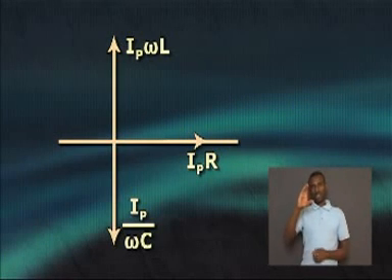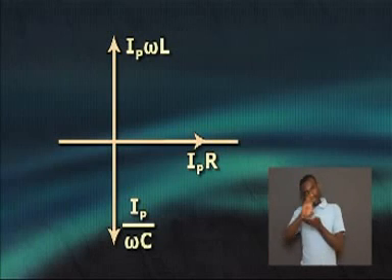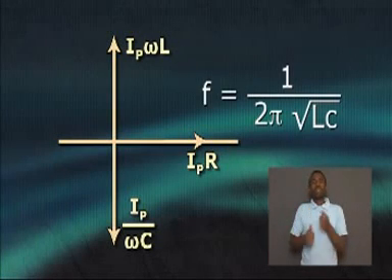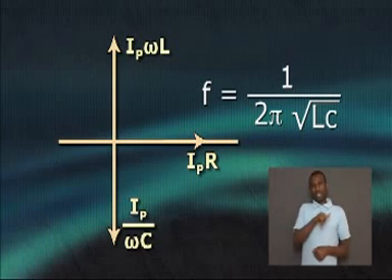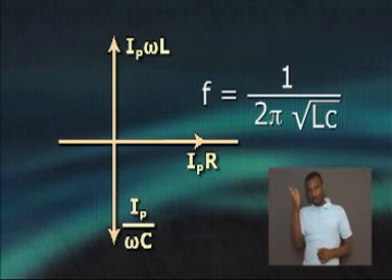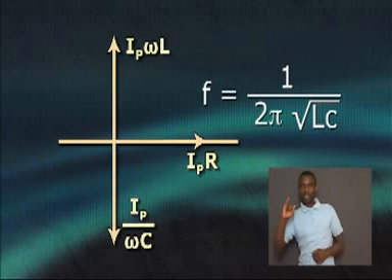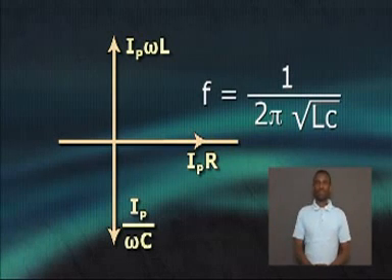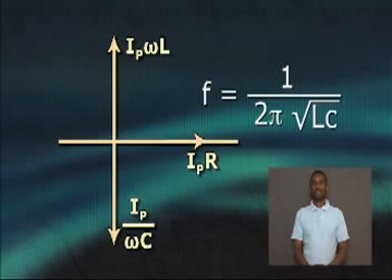LC circuits and RLC circuits have a resonant frequency which is expressed as frequency is equal to 1 over 2 pi times the square root of inductance multiplied by capacitance.